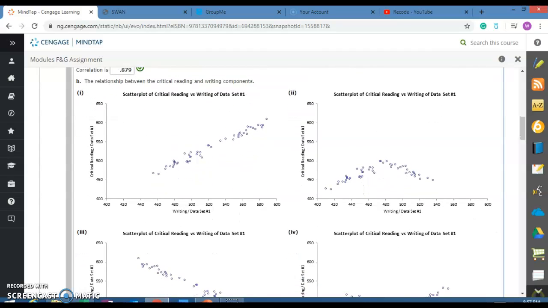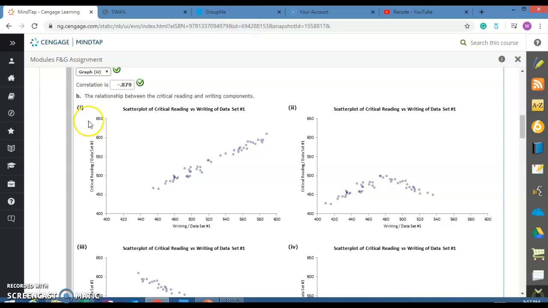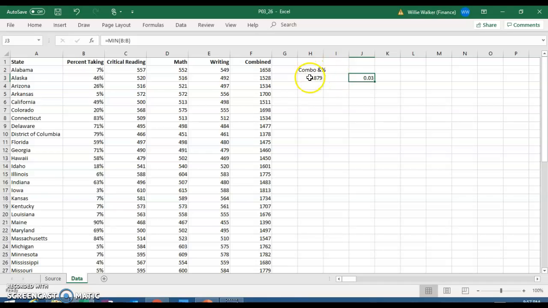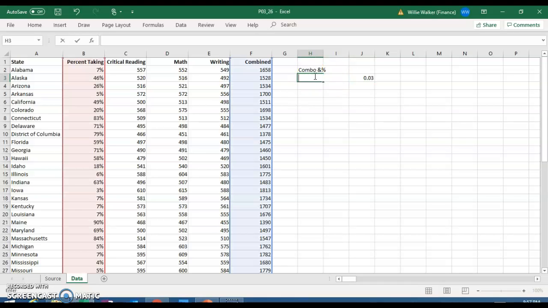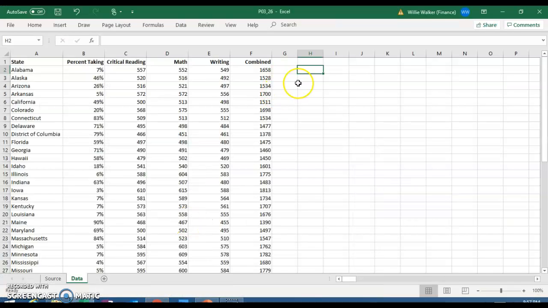We can do the same thing for the rest of the data. This next one, B, is asking us to find a relationship between critical reading and writing. So we go back to our data and get rid of this. Critical reading, and what's the other one it asks for? Writing.